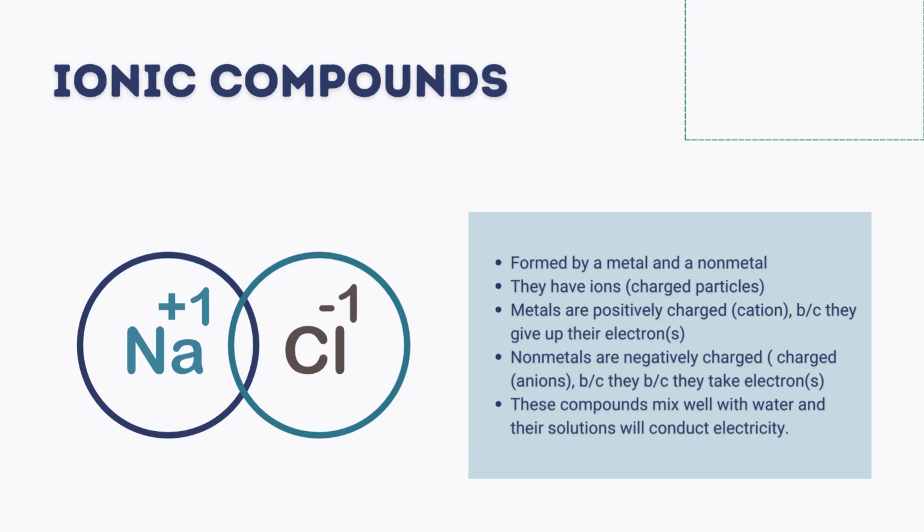Ionic compounds are highly soluble in water, and their solutions have the ability to conduct electricity due to the presence of the ions in the solution. This property makes them useful in a variety of applications, including in the production of batteries and other electronic devices.